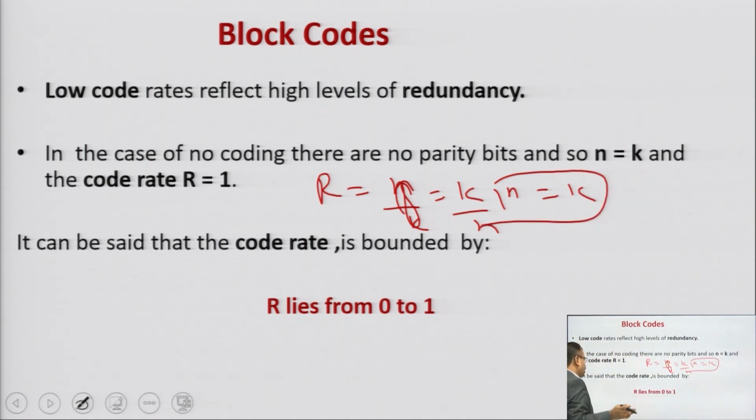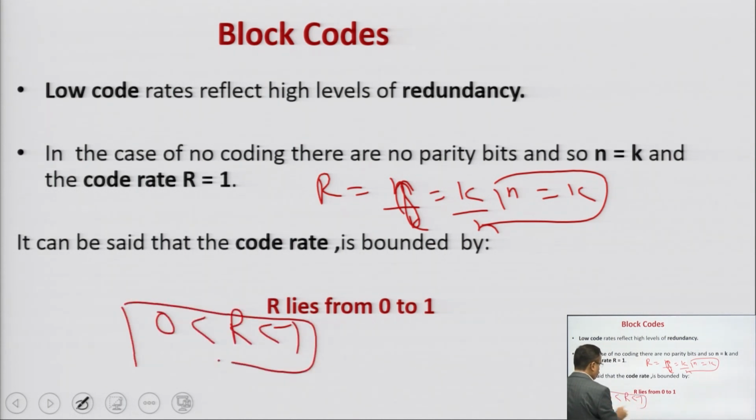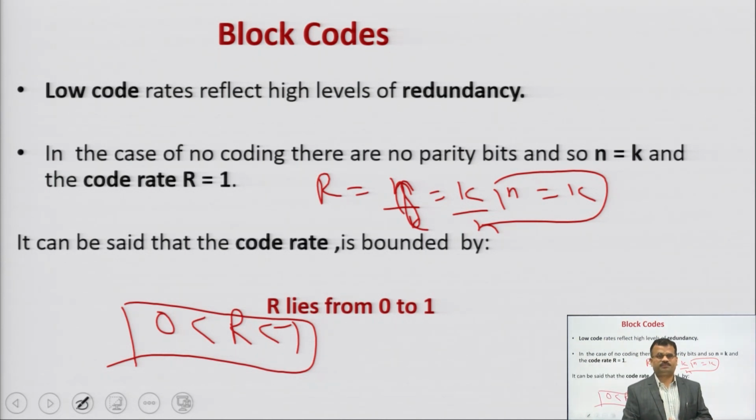If you are not doing any coding, the value of code rate r is 1. So the value of r lies between 0 and 1. You have to keep this in your mind.